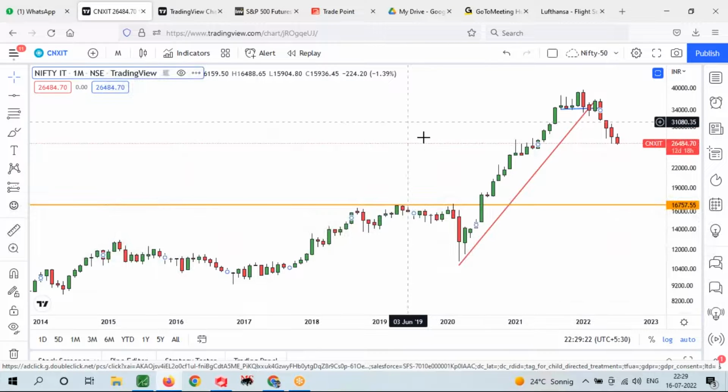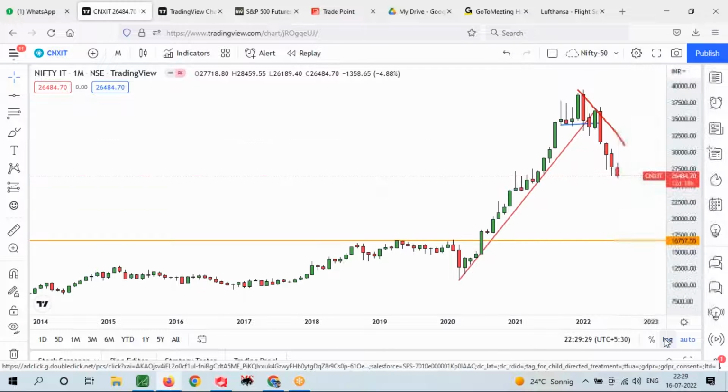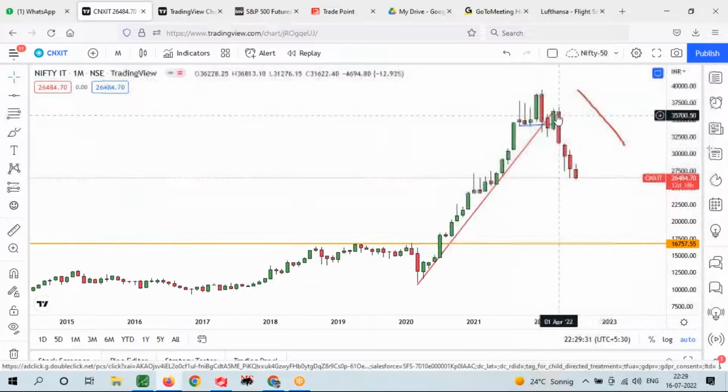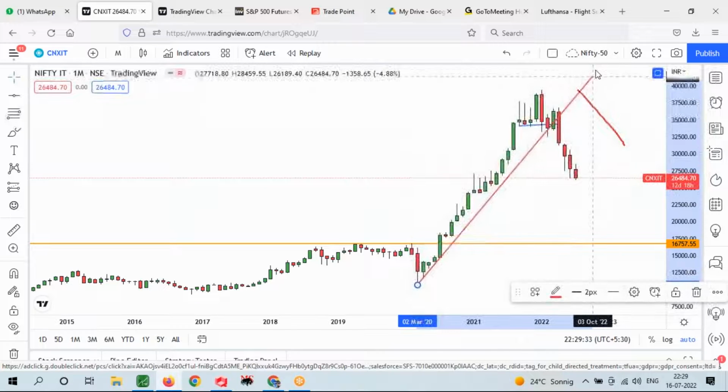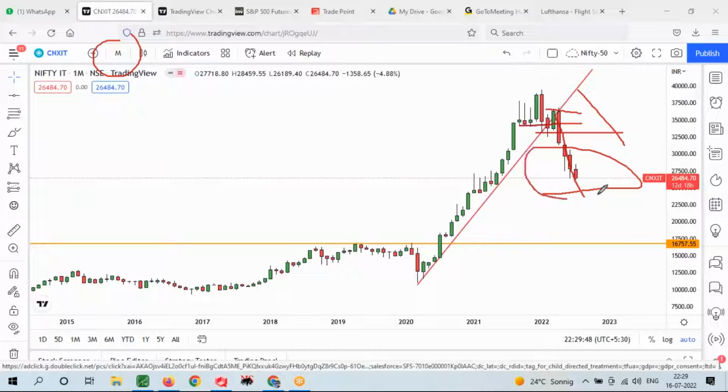But the trend is down as of now. If you look at the normal scale, look here. This is the monthly chart. This was the low. See, once that trend line and the lows are broken, it went down straight away. As per the monthly chart, no signal.